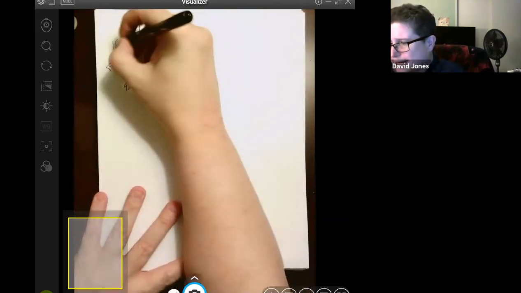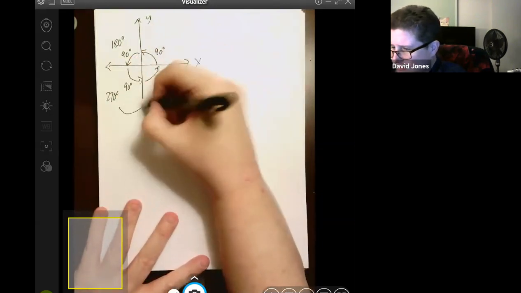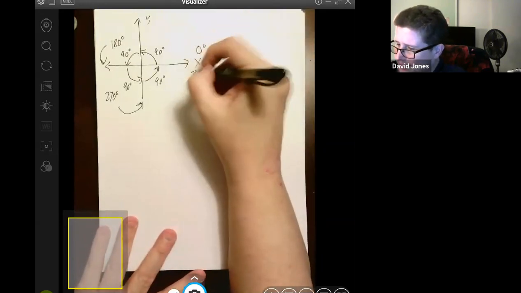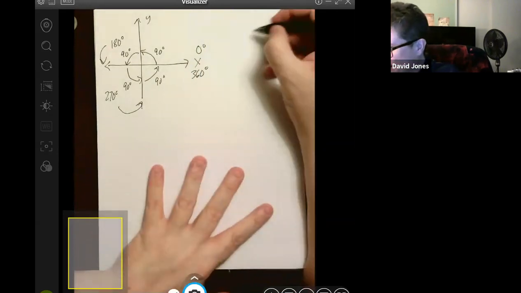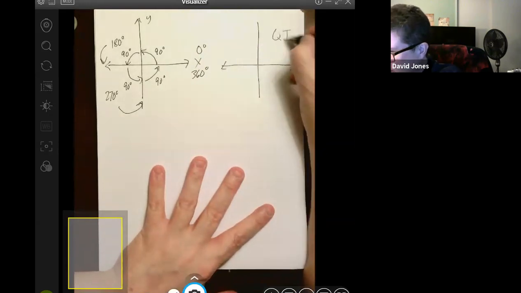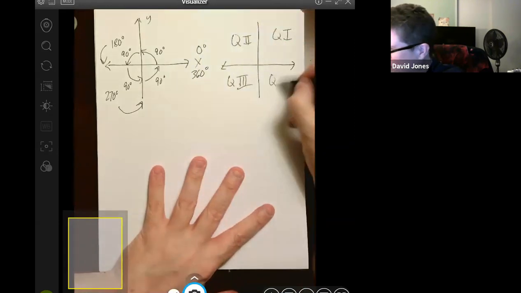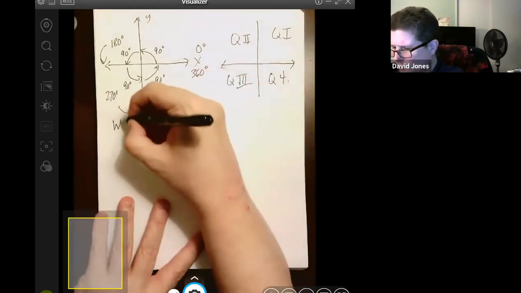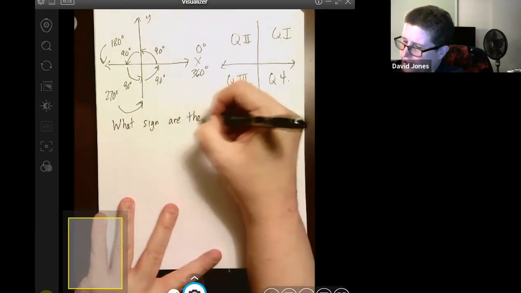So this is 180, 270, and 0 degrees is also 360. Let's look at what's going on in each quadrant. Quadrant 1, quadrant 2, quadrant 3, quadrant 4. What sign are the trig functions in each quadrant?